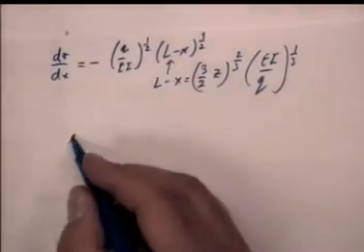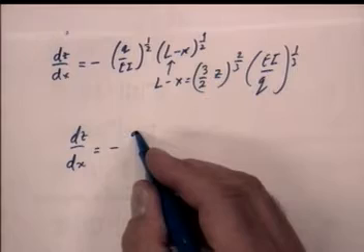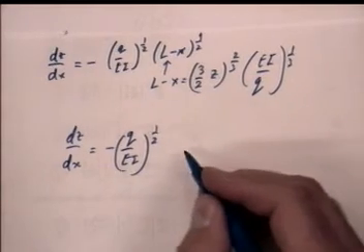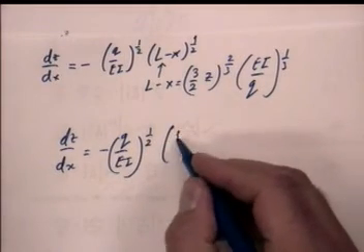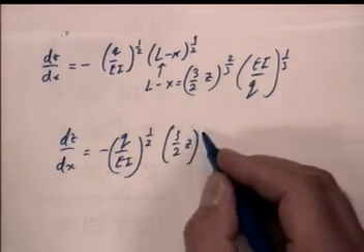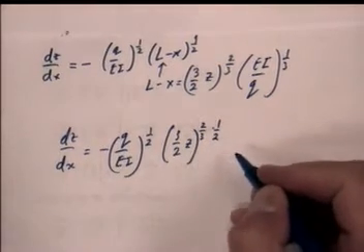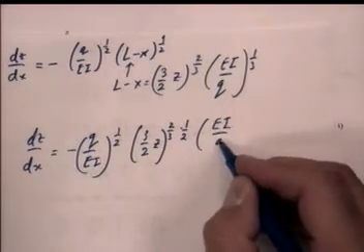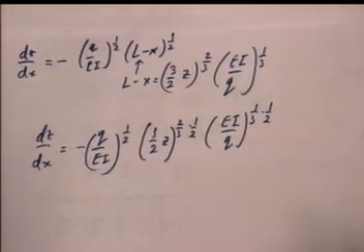So we get dz dx equals minus q over EI in power 1/2. Now L minus x in power 1/2. So that is 3/2 z in power 2/3, and that is in power 1/2. Then we have EI over Q in power 1/3, and in power 1/2.